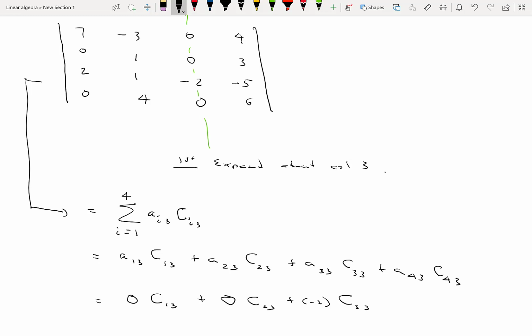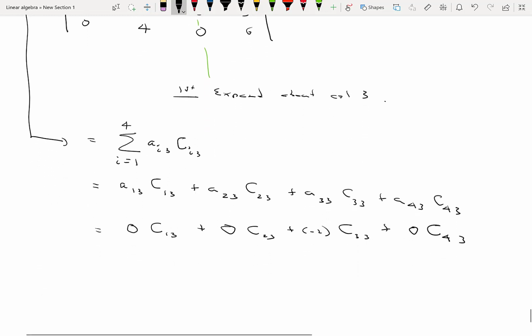See, that was the whole idea behind selecting the third column. Plus 0 times C43. Three of those cofactors need not be expanded or evaluated, and each of those cofactors would involve the determinant of a 3x3 matrix.